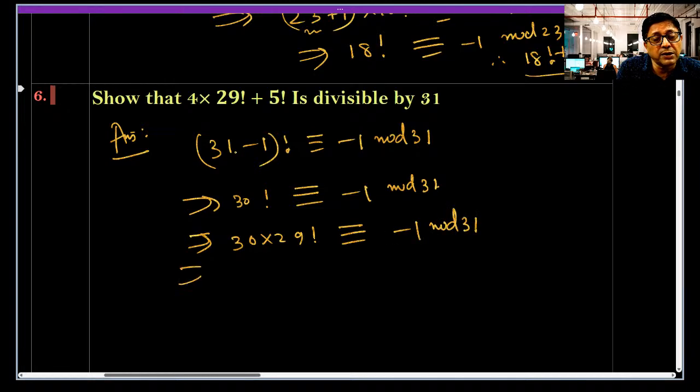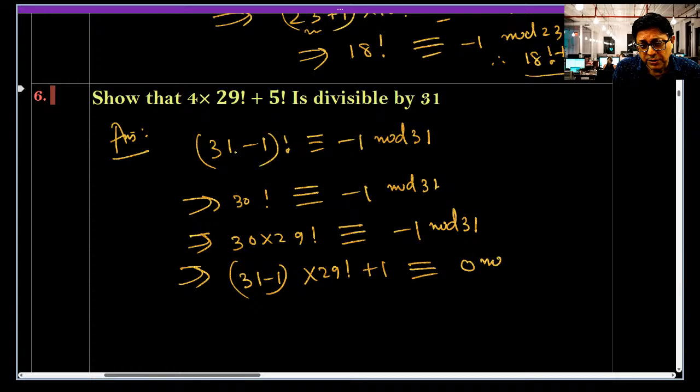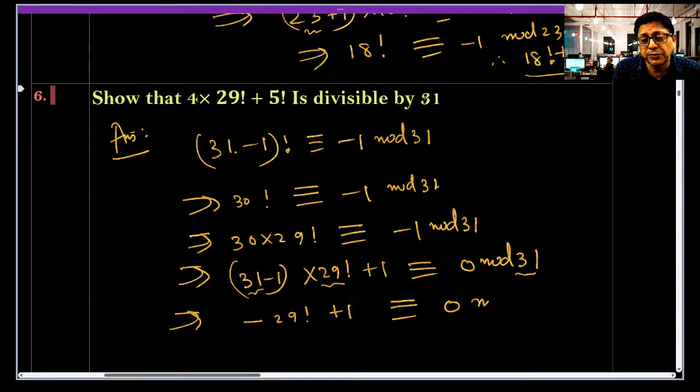Minus 1 mod 31. So this implies 31 minus 1, plus 1 you write, that looks better, plus 1 congruent with 0 mod 31. 31 into 29 factorial is divisible by 31. So minus 29 factorial plus 1 congruent with 0 mod 31.